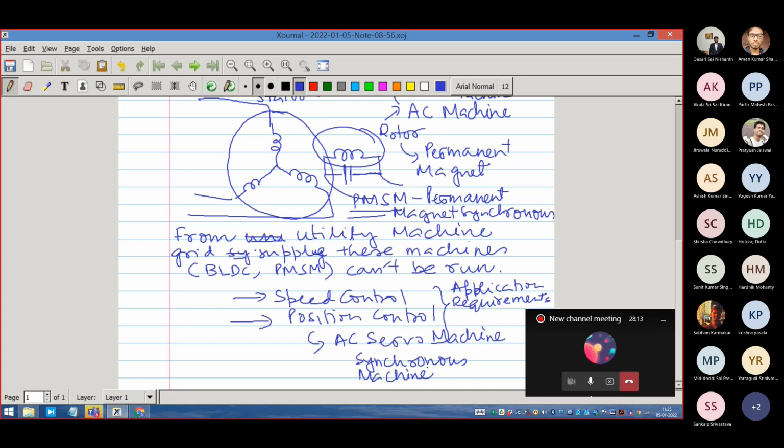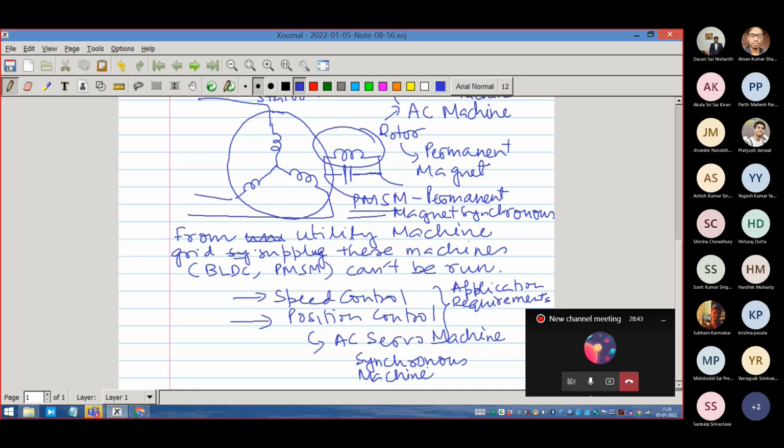We already get some updates that one company is making it using a permanent magnet synchronous machine, which has better efficiency. Another piece of information we'll get is that people are making it with an induction machine. It seems Tesla has made their electric vehicle with an induction machine, but they have used copper in the rotor.